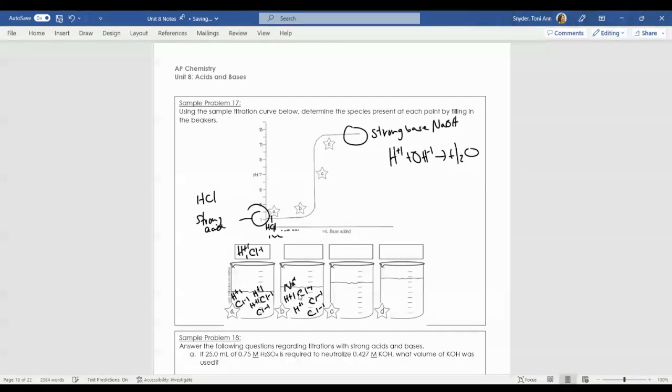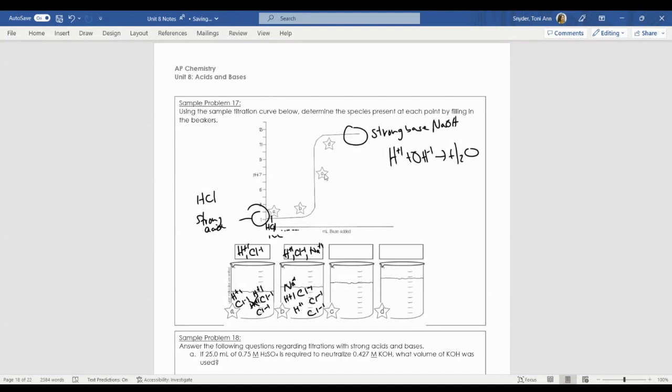Because if one hydroxide ion reacted with one hydrogen ion, and one of those goes away, I now have a sodium ion that took its place. So at this point in the titration curve, I would still have hydrogen ions because it's still acidic, although fewer hydrogen ions. I would still have all my chlorides, and I would have a couple of sodiums, though not very many.